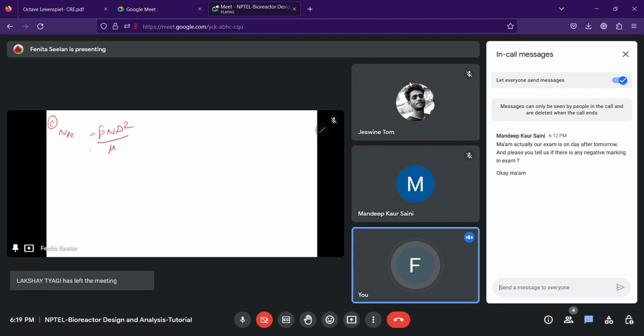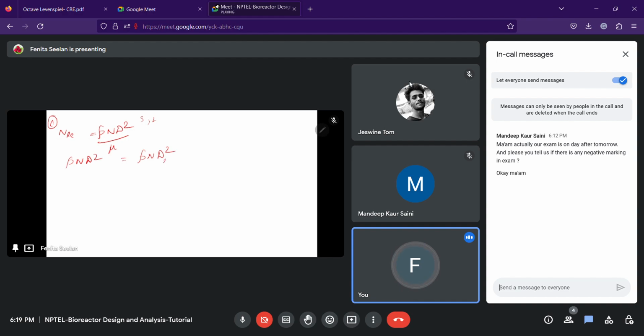So this should be constant for both your small and large reactor. Let S denote small reactor and L denote the larger reactor. Your mu will remain same, so we can cancel that, right?